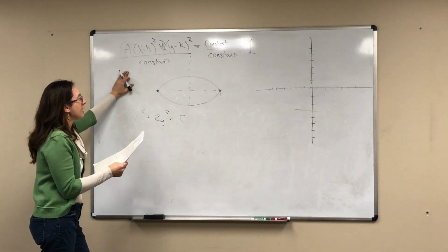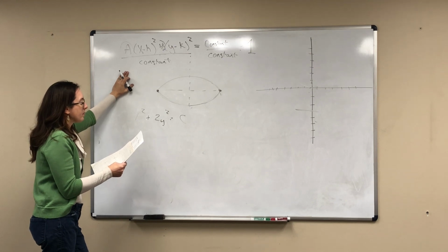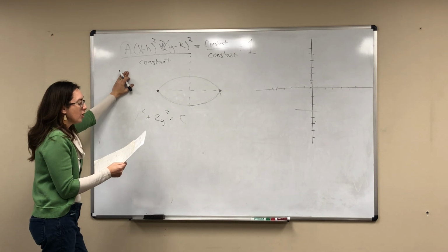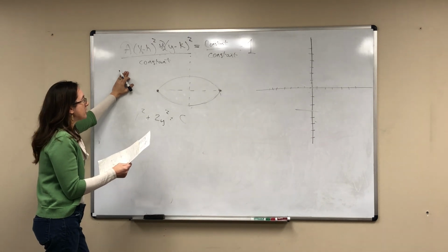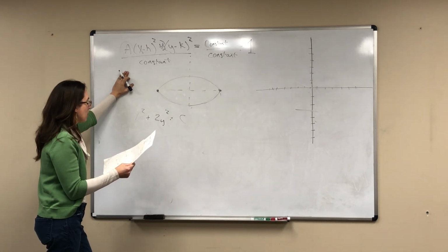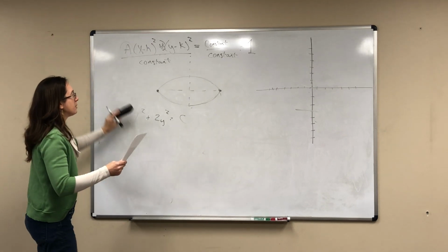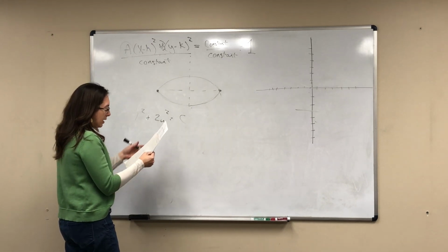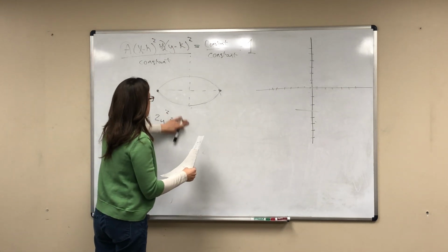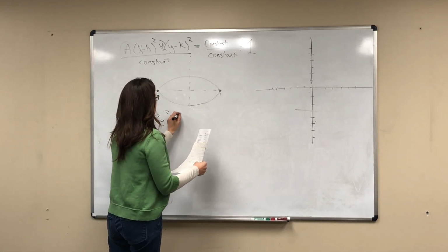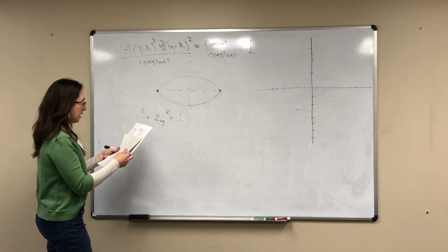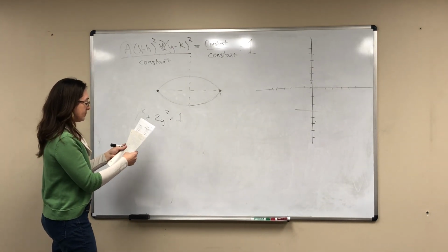So just like with parabolas, when we have the higher and lower numbers, whichever one is going to be your bigger number is the direction that your ellipse is going. Okay, so let's look at this one. If we have x squared plus 2y equals 1.